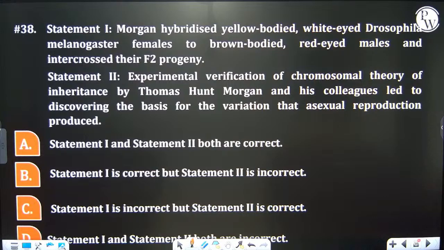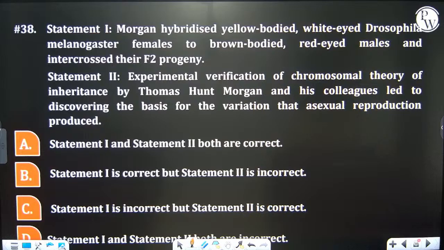Morgan hybridized yellow-bodied, white-eyed Drosophila melanogaster females to brown-bodied, red-eyed males. No, the other way around.